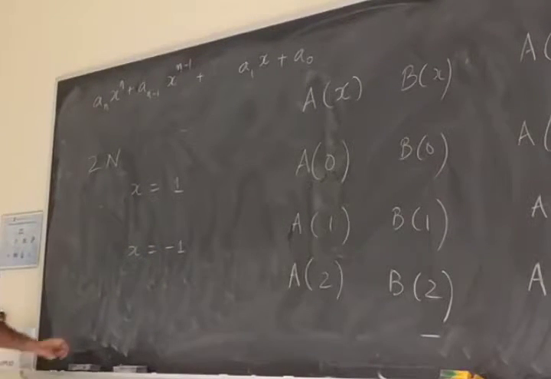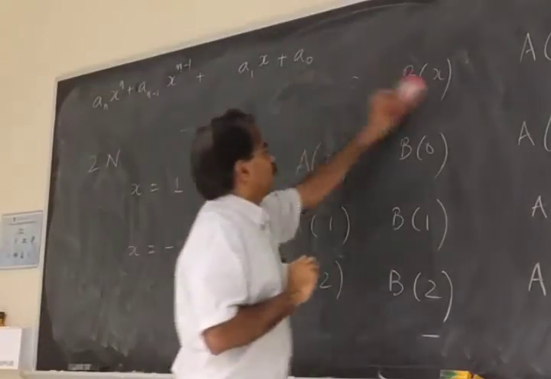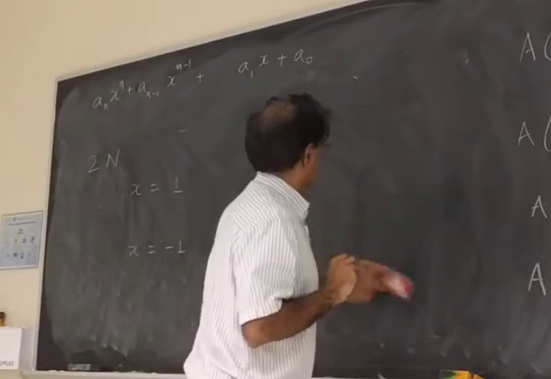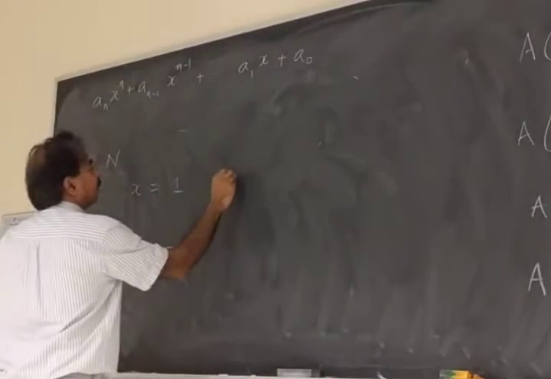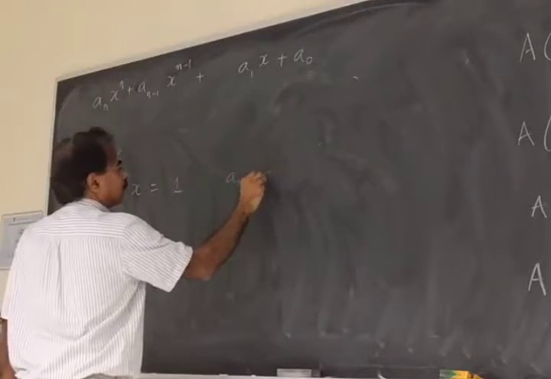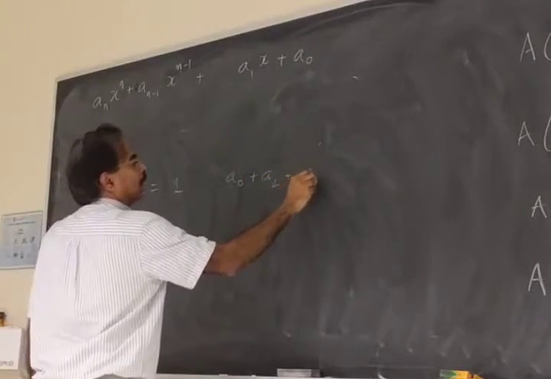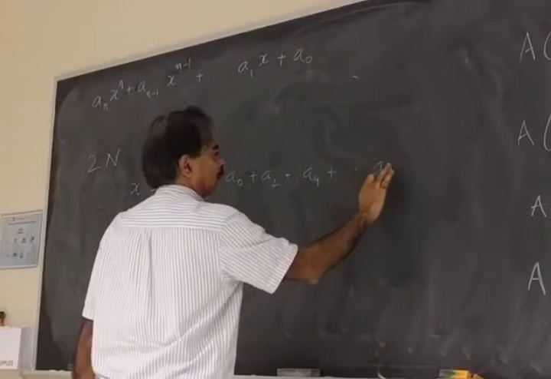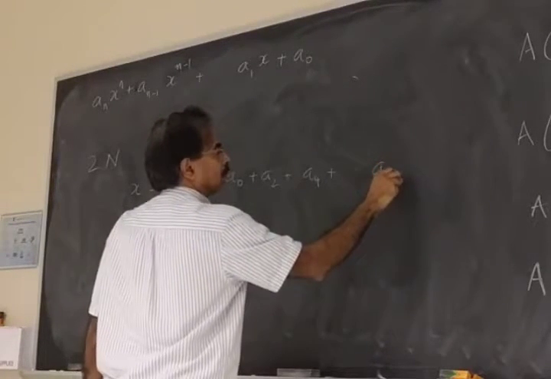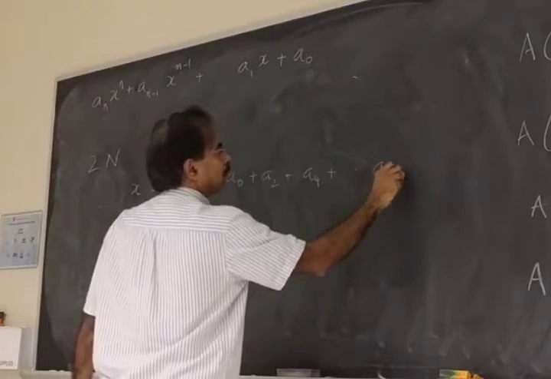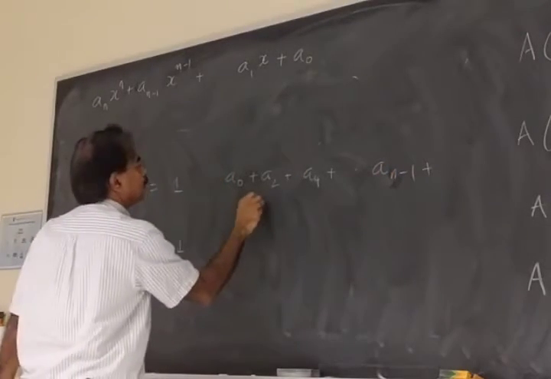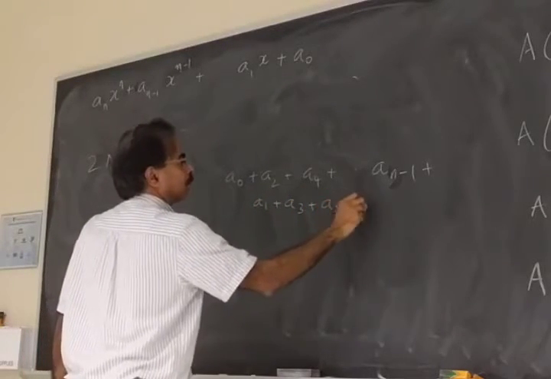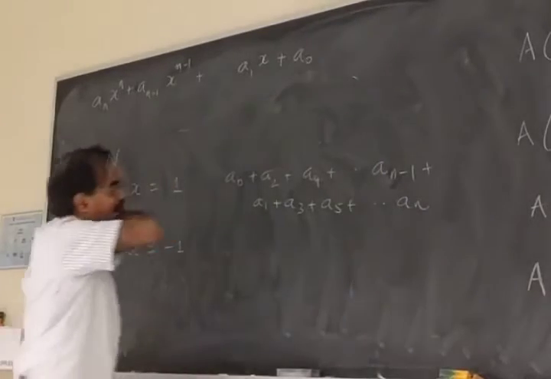At x equal to 1, the value of the polynomial is going to be the following.